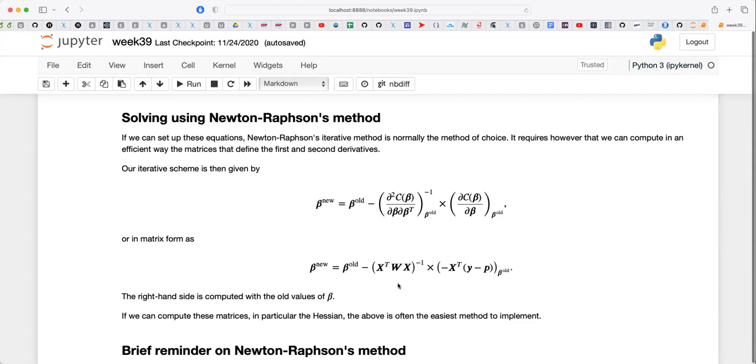And for every iteration, and you will typically have hundreds of iterations, you need to invert a matrix of dimensionality 100,000 times 100,000 as an example. This means that what's standard is actually to approximate this second derivative with a parameter. And that parameter was what we labeled the learning rate last time.